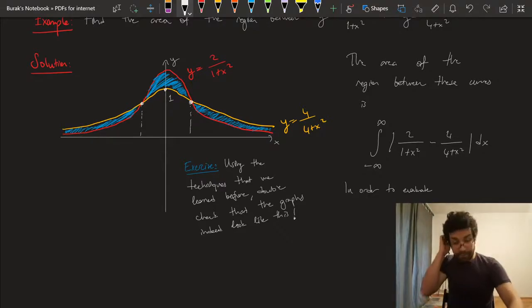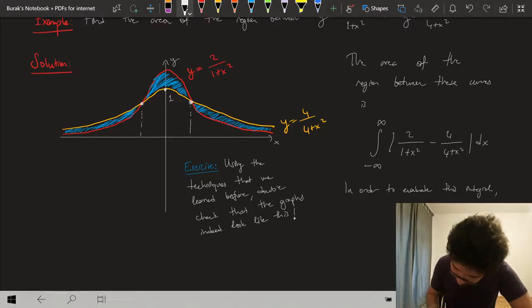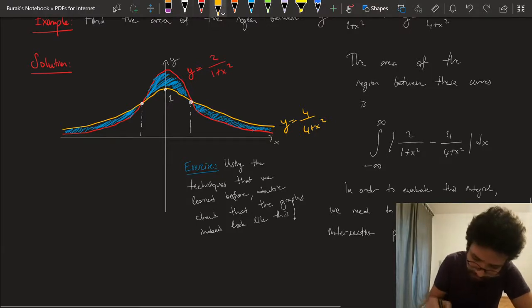So I need to find them. In order to evaluate this integral, we need to first find the intersection points. Okay, so let's do that.